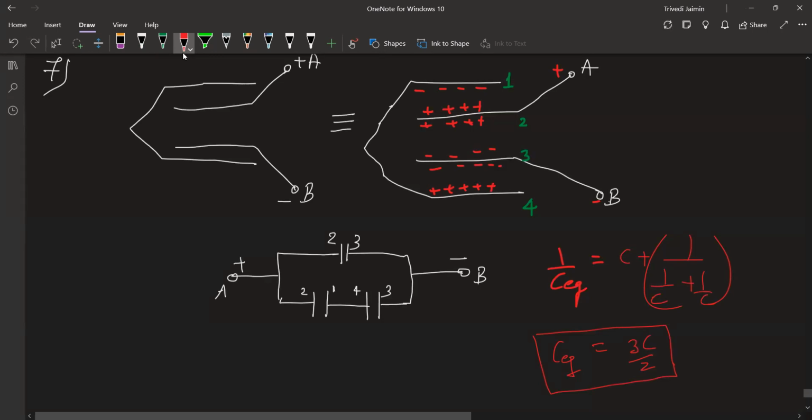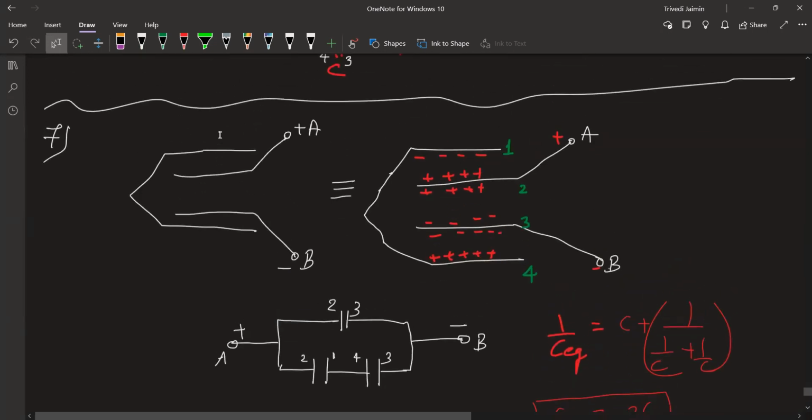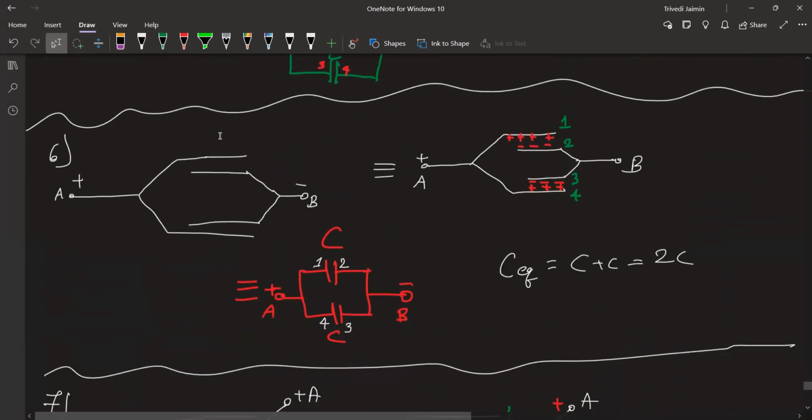Sir, can you show the previous ones, the formula ones? Yeah. Done this writing, shall I scroll up? This one or the fifth one? This one only, sir. Okay. Finished, sir. Sir, can you show the last one?